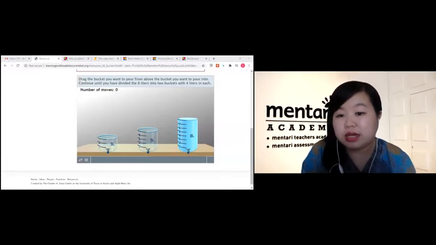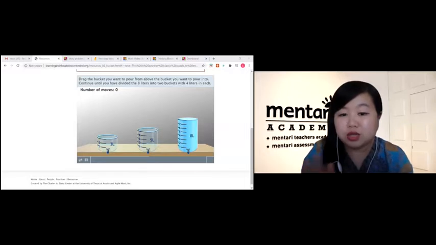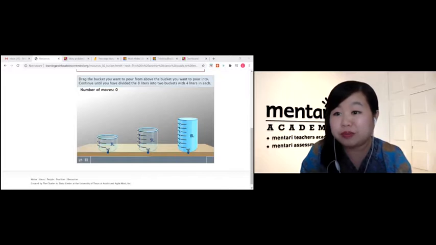The rightmost bucket has 8 liters of water. Your task this afternoon, teachers, is to pour some of this water into any of these 2 available buckets, so that you end up having 2 buckets with 4 liters in each. So that's the task. Using only these 3 buckets, how are you going to do this?